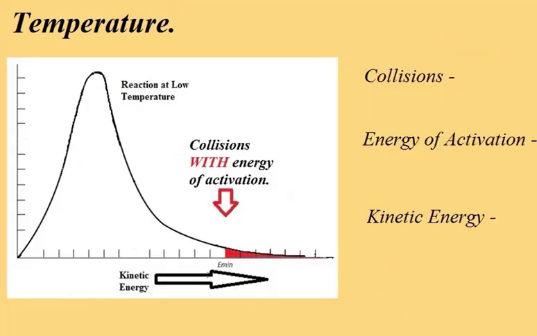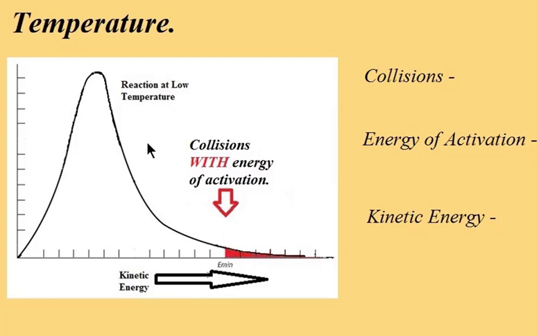Looking at the effect of temperature, the effect is actually twofold. Reactions carried out at lower temperature should have a very small number of collisions which meet and surpass that energy of activation requirement, and therefore the rate of reaction will be slow.